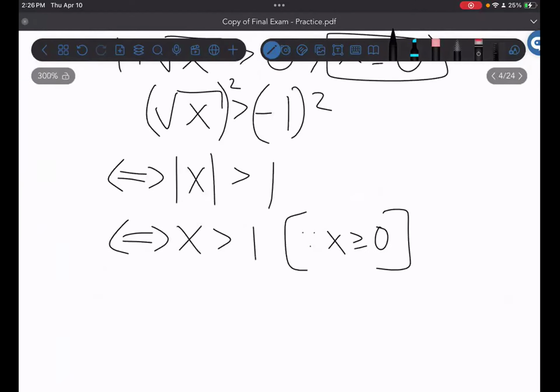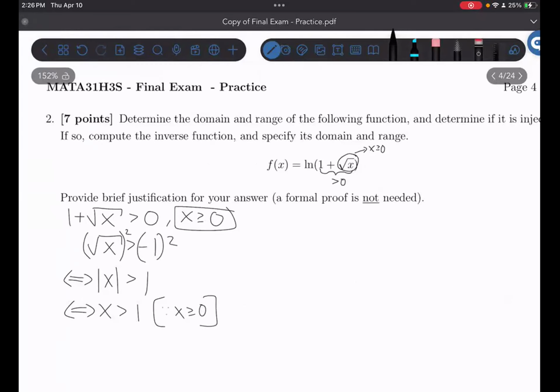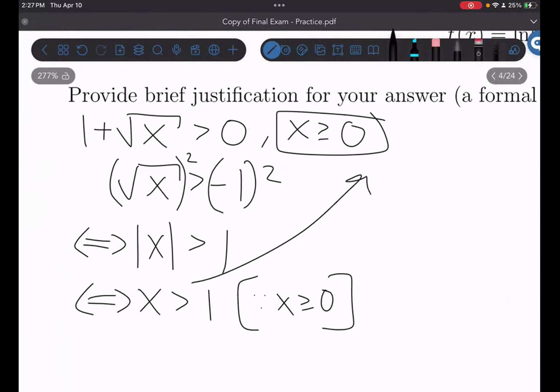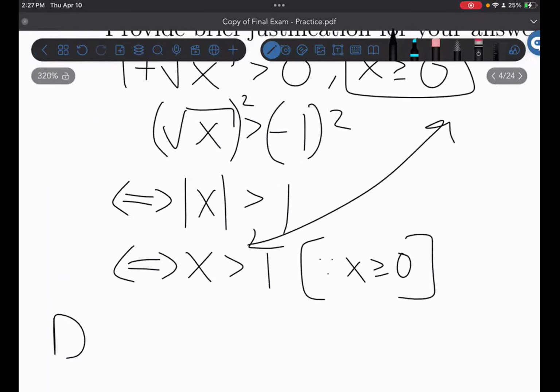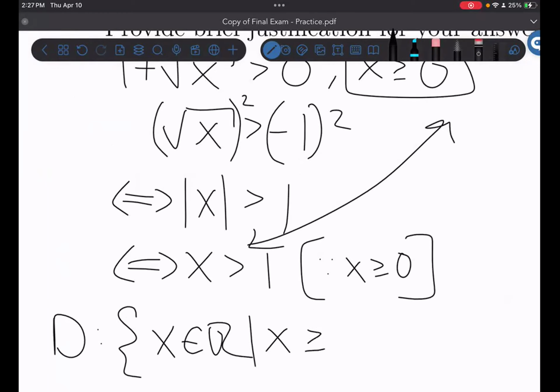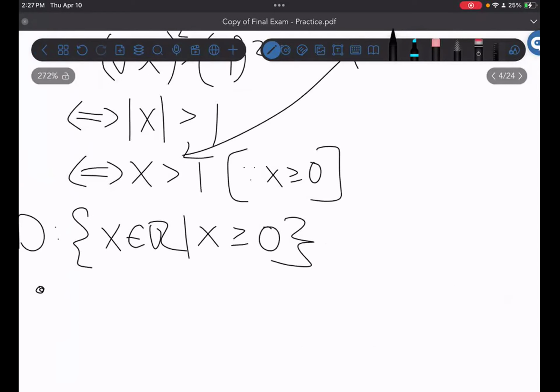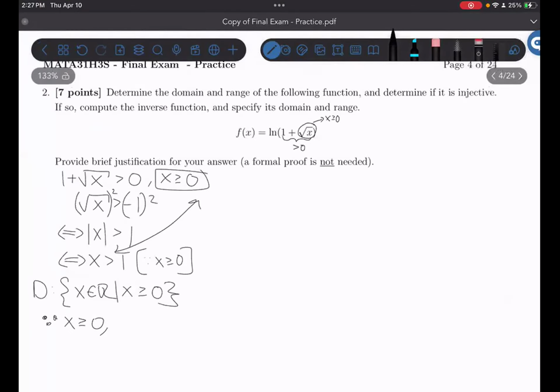Okay, so the domain, so we've checked. Notice how we also got that x is greater than 1, and they coincide with each other. So we're okay. Even if x is 0, we're good. So the domain would be x belonging to real numbers such that x is greater than or equal to 0.